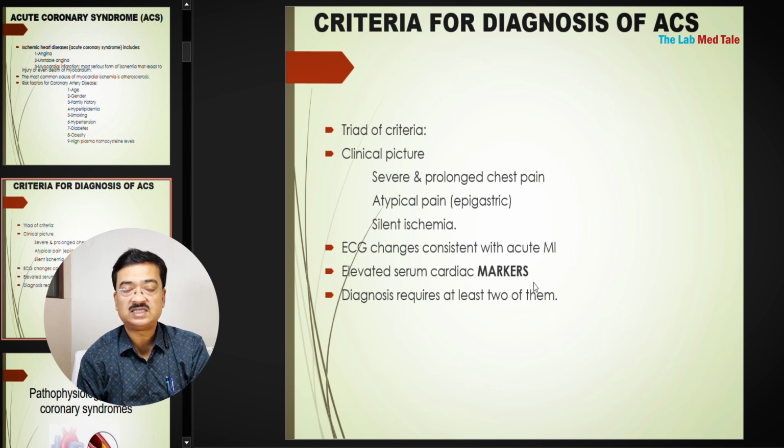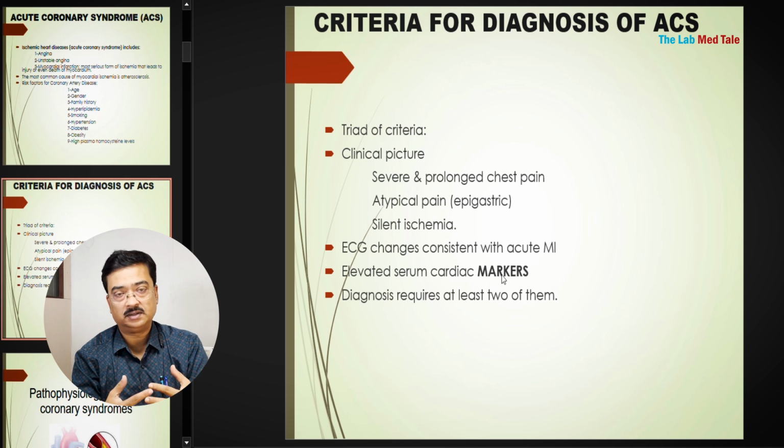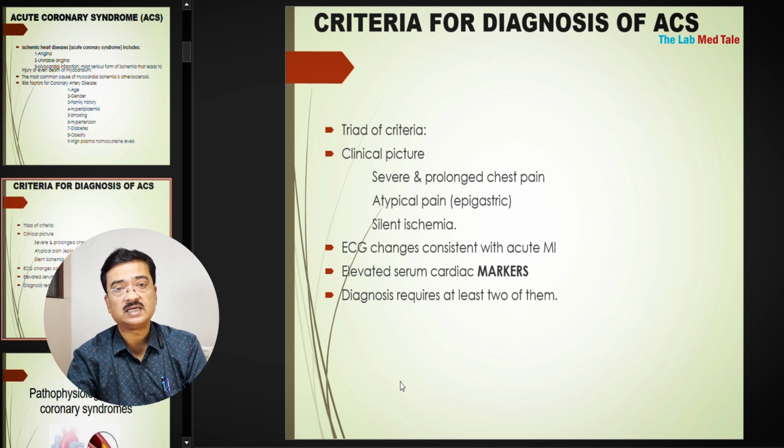Then ECG changes, and last, cardiac markers. So of the triad, the clinical scenario, the blood markers and the ECG, any 2 of the 3 have to be positive to diagnose ACS. Although this criteria is now changing with advanced cardiac markers, which we are going to talk about.